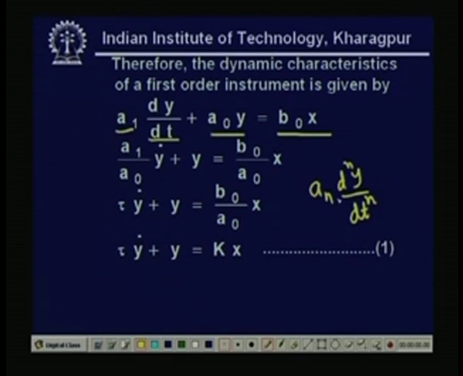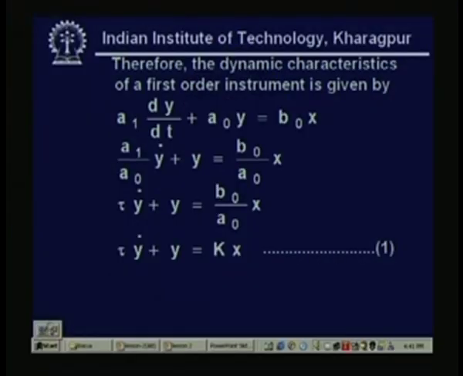If you put all the coefficients from An down to A2 equal to 0, you get the characteristic equation of a first order instrument. Exactly, we got that thing, you can see here.